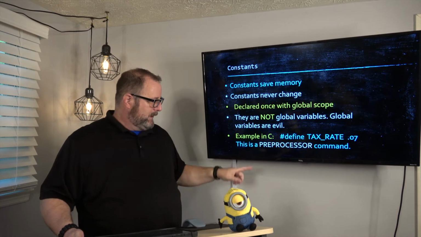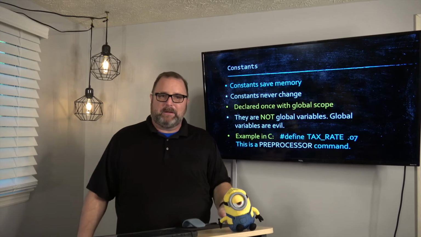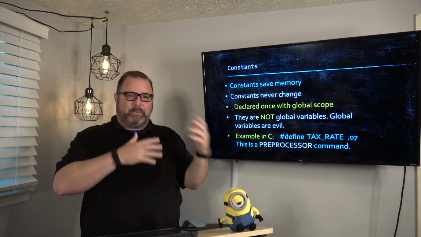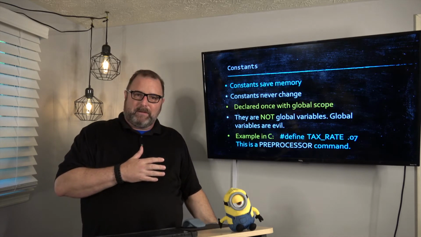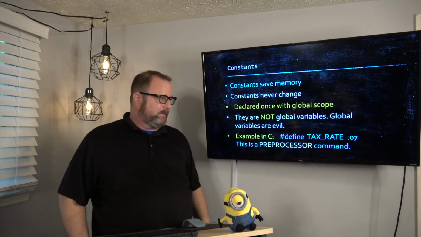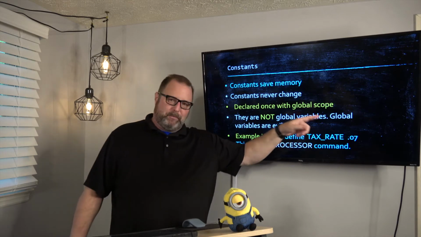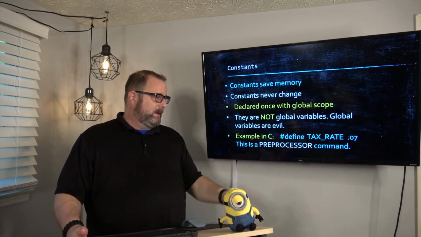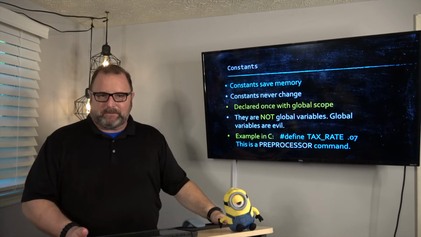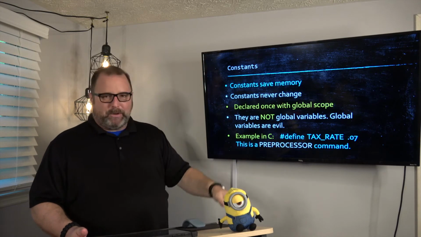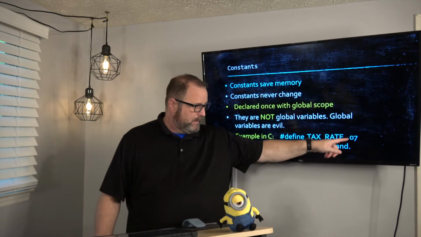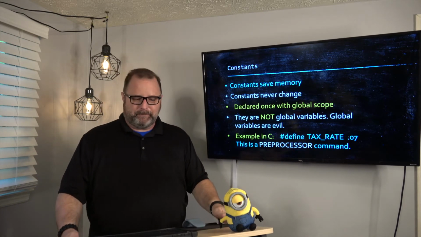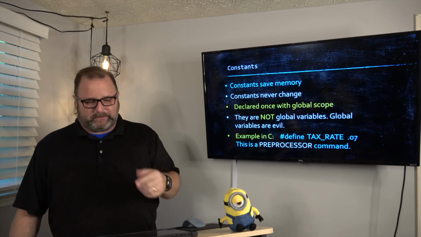Anything with a hashtag is a preprocessor command, which means this token is stored before it's even processed my code. It's just wherever I see tax rate, I'm going to put 0.07 into the calculation. It stores it once. I may use that in 500 different calculations, so if the tax rate goes to 0.08, I change it, recompile, and it's updated. That's a constant.